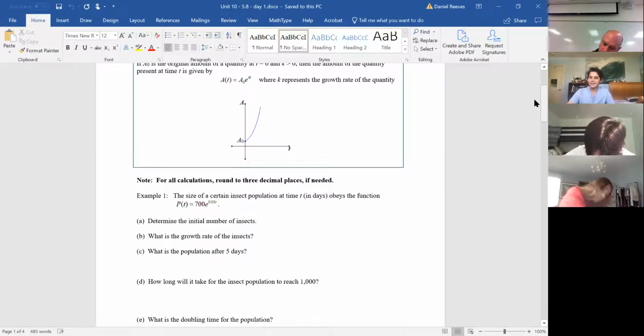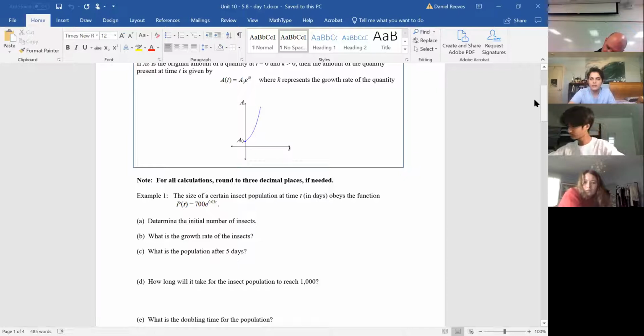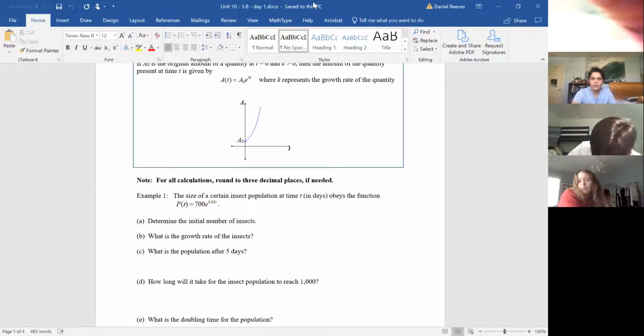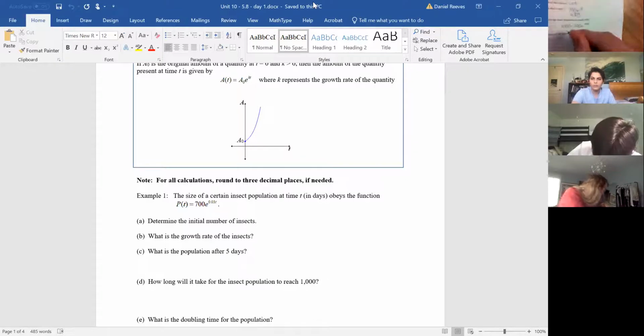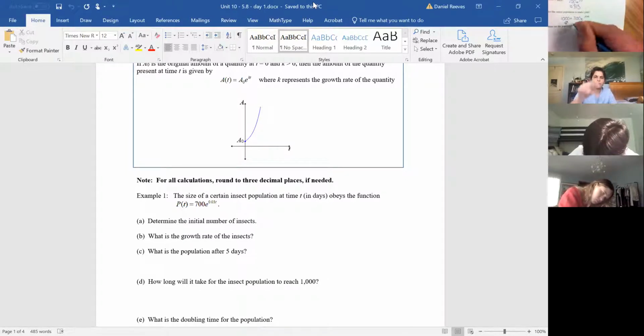Okay, so I'm going to use that equation again for part D. This time they tell me the population is 1,000. Still started at 700, times e to the 0.03 times t. I'm going to divide both sides by 700. So I'm going to get 1,000 over 700, which is just 10/7, equals e to the 0.03t.